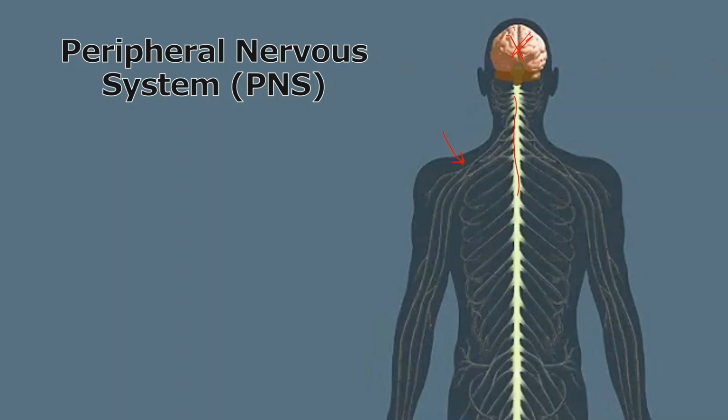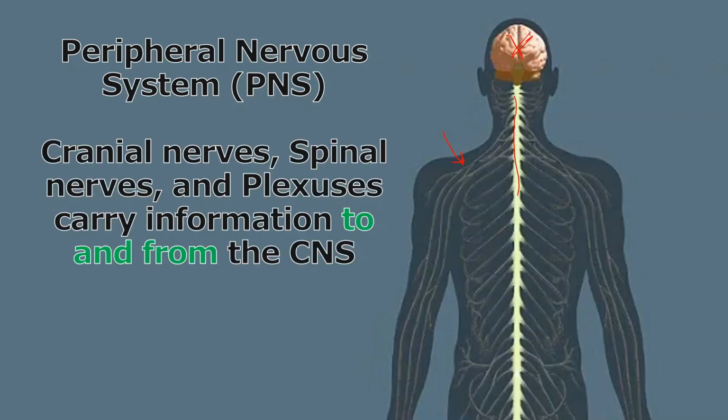So this is the PNS, the peripheral system. And it's basically everything in the nervous system that's not the brain or the spinal cord. So cranial nerves, spinal nerves, what we call plexuses, which are these little tangles of nerves almost where I put this arrowhead. These are all part of the peripheral system, and their job is to carry information to and from the central system for analysis.